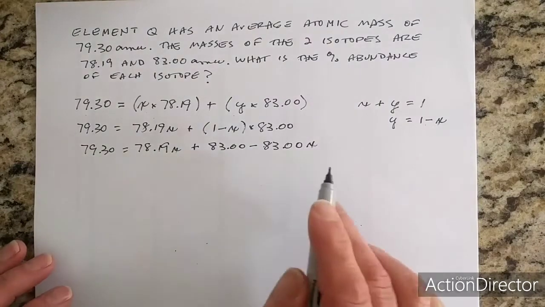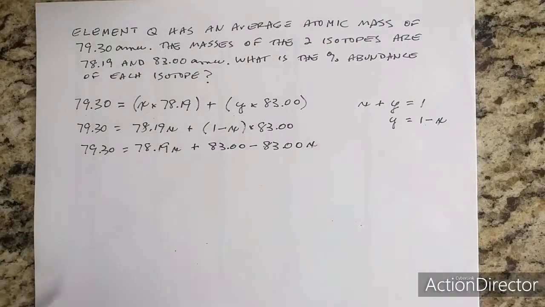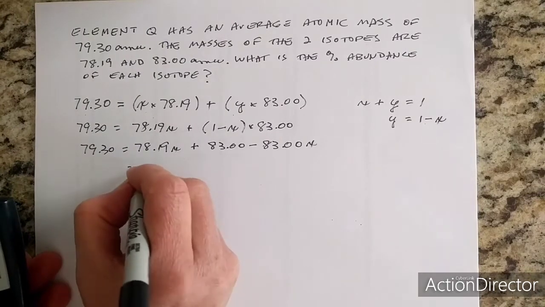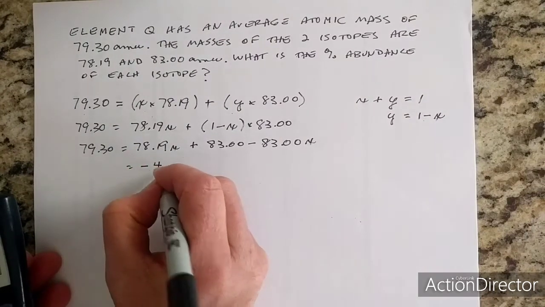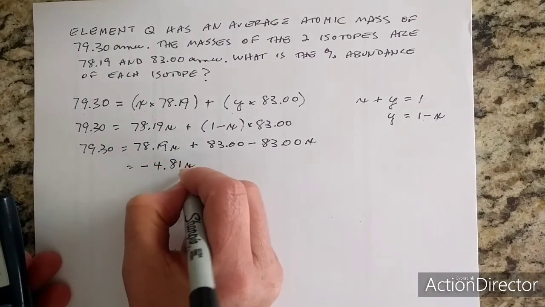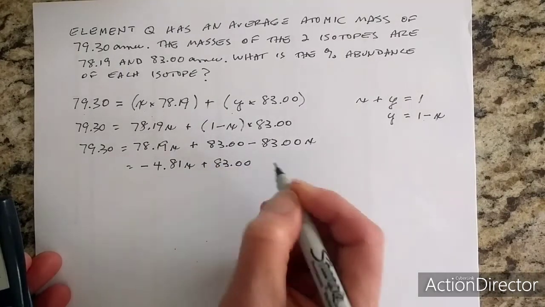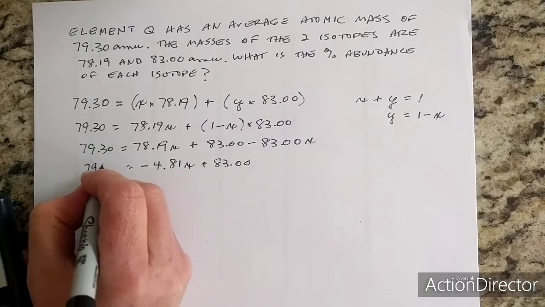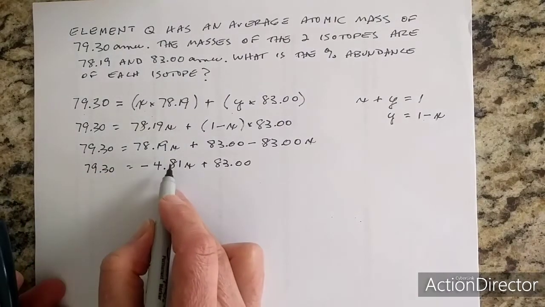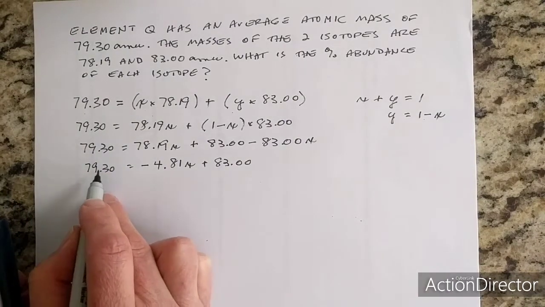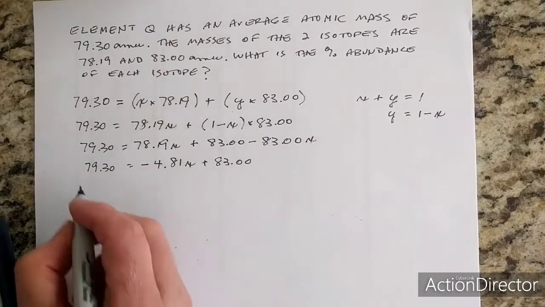So now we collect our terms. When we do that, 78.19 minus 83 equals negative 4.81X, plus 83.00 is 79.30. All right, I'm going to bring the X over here and the 79.30 over here.